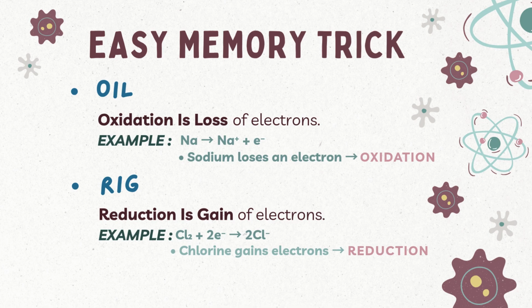For example, Na to Na+ plus an electron shows oxidation because sodium loses an electron, while Cl2 plus 2 electrons gives 2Cl-, which shows reduction because chlorine gas gains electrons.